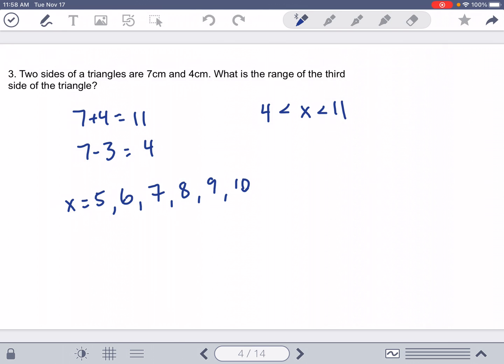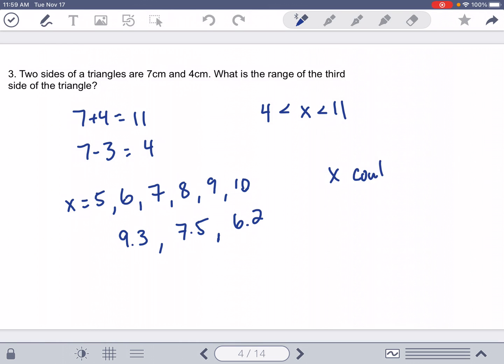X could also be numbers like 9.3, 7.5, 6.2. So as long as a number is bigger than 4 but less than 11, it would fit.